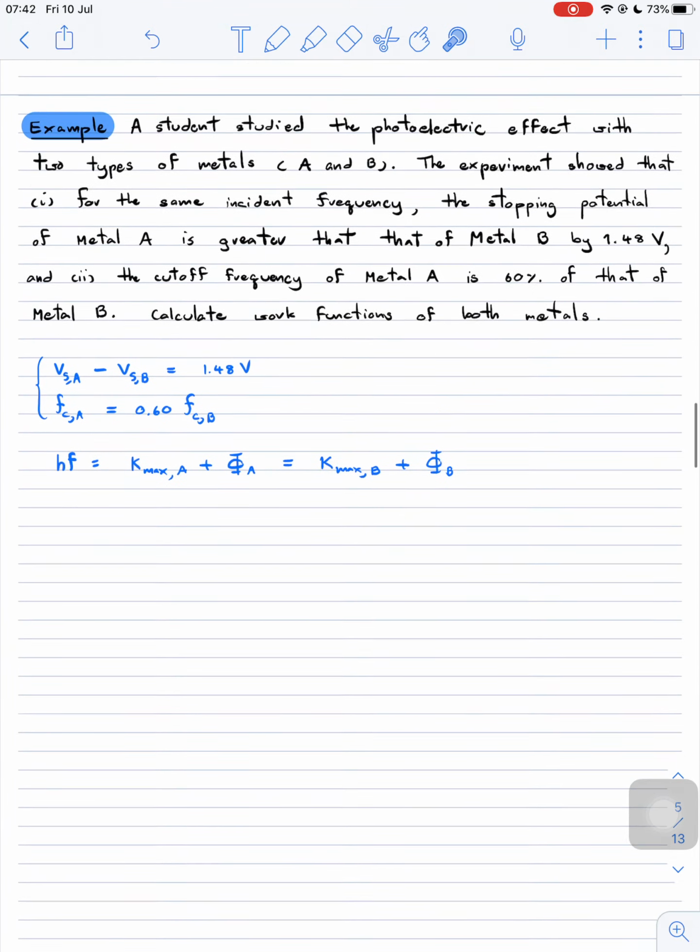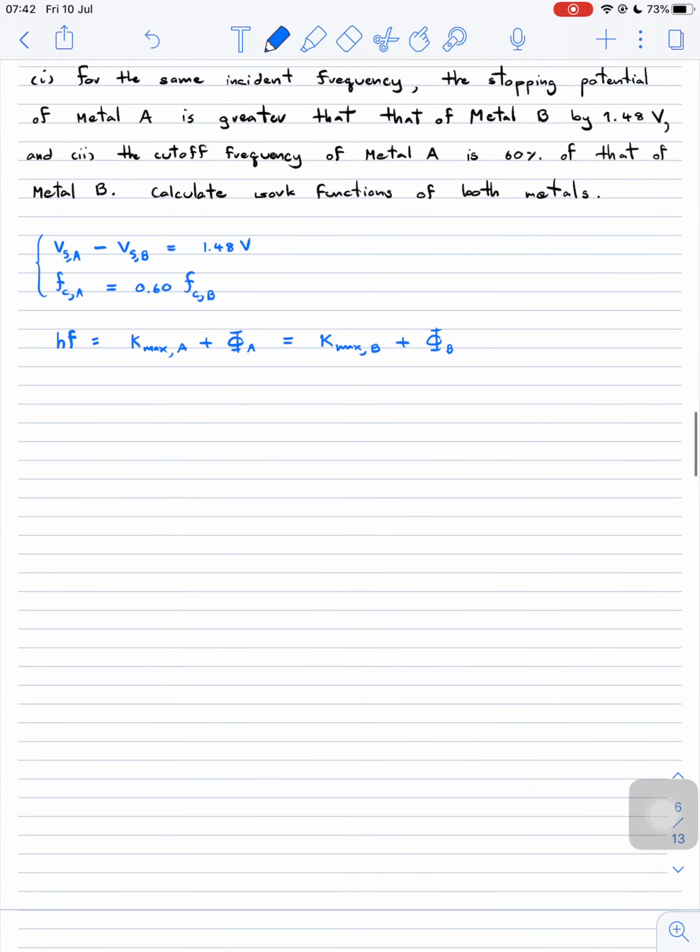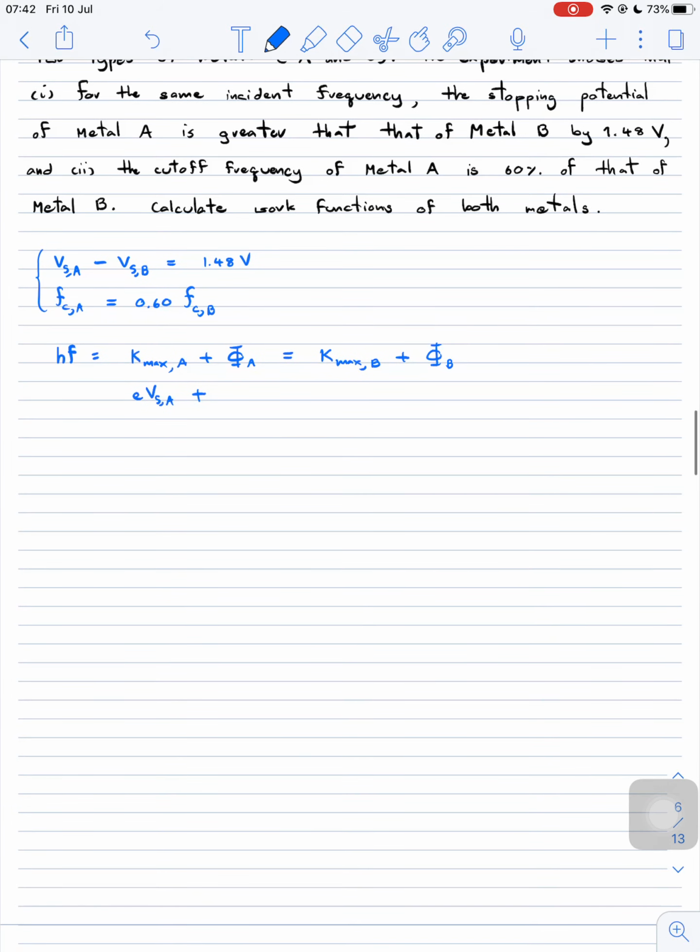So in this case we can write these two in terms of the stopping potential. We have e times Vs sub A plus the work function of A equal to e times Vs sub B plus the work function of metal B.